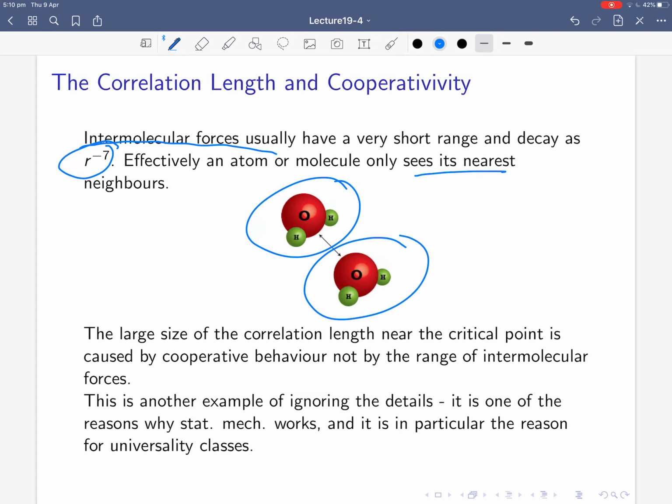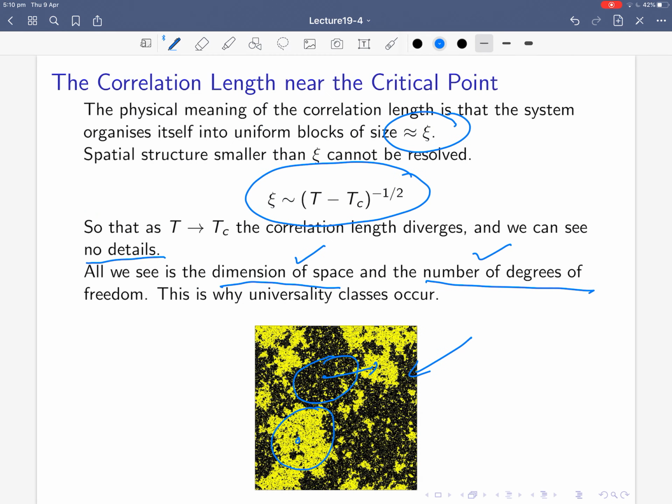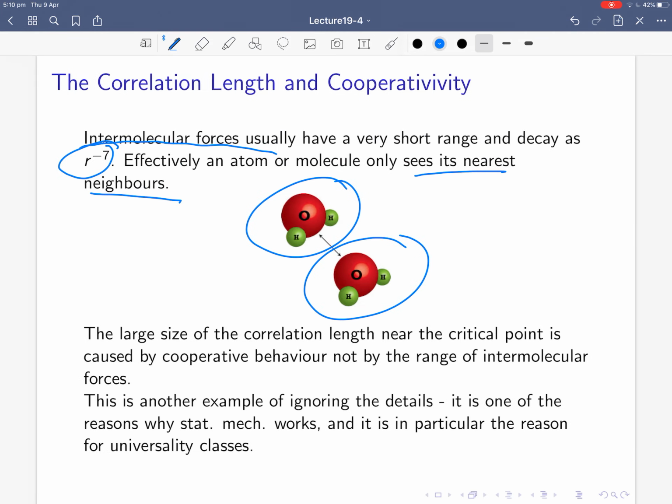They often decay only as r⁻⁷. So effectively an atom or molecule only sees its nearest neighbours. In reality, maybe a couple of nearest neighbours, but the range won't get much beyond 10 angstroms. Whereas in a phase transition, you get these patches which might stretch for thousands of angstroms, many molecules.